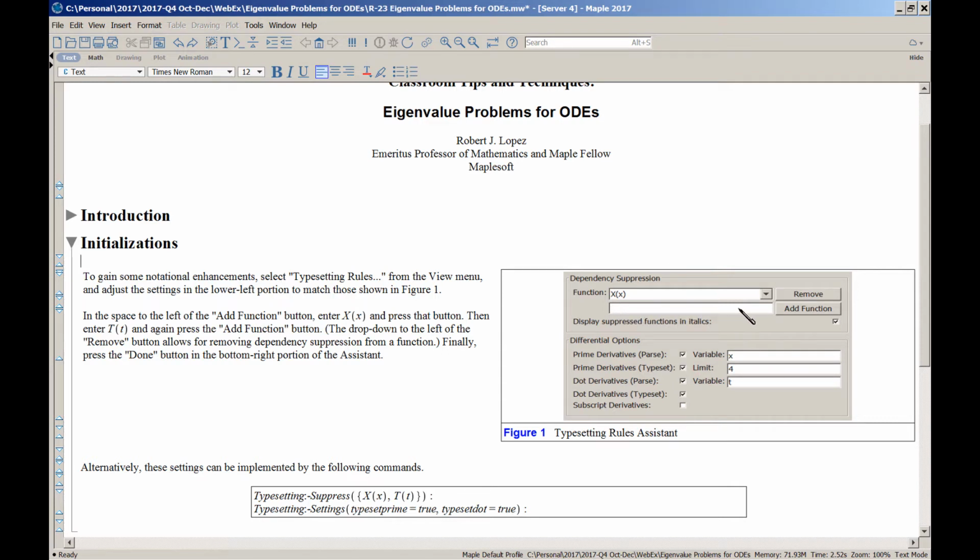In this box where it says add function, we give the name X of x and hit the button add function, and then type in T of t, hit the button and add function, and check these boxes so that the independent variables x and little t are not displayed, and primes represent differentiation with respect to x, and differentiation with respect to t is denoted by an overdot.